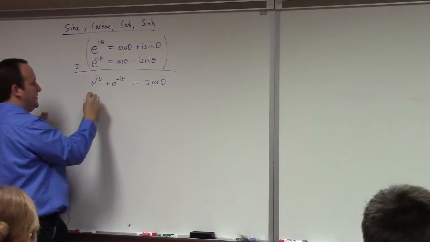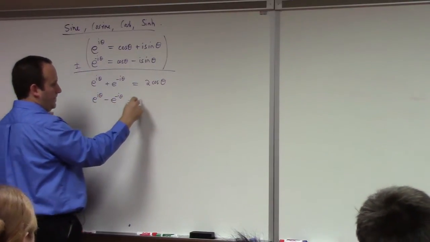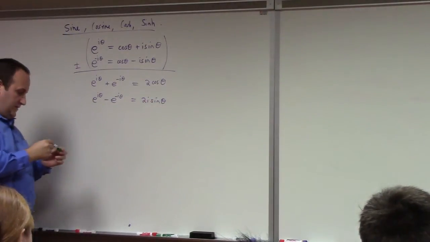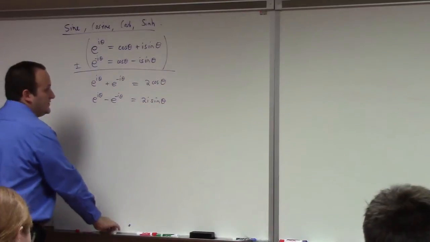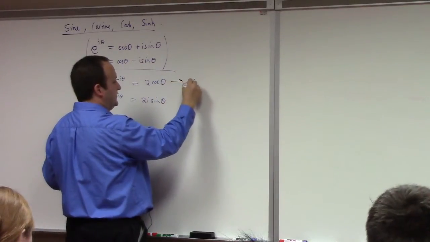The double angle formula is, well, eventually, yeah. But first we get this, right? So you can find a formula for cosine and sine in terms of imaginary exponentials.